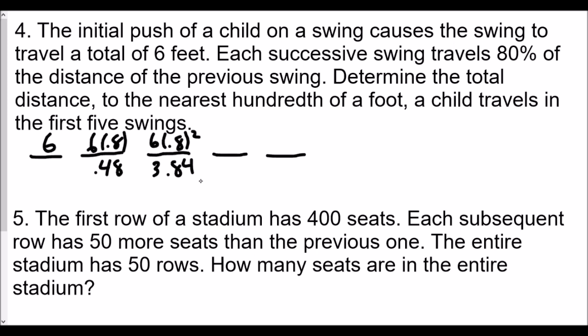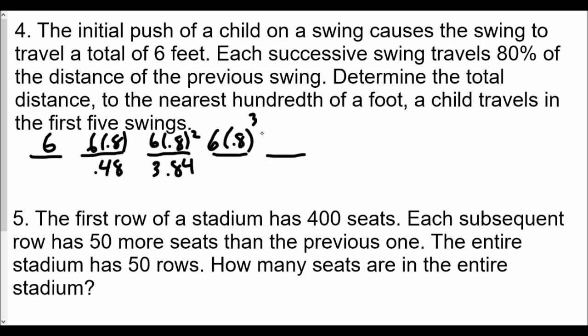All right, so let's double check this here. Yep, okay. And then the next swing, if you notice the pattern, will be 6 times 0.8, and times 0.8 again for the previous one, which means the third power.